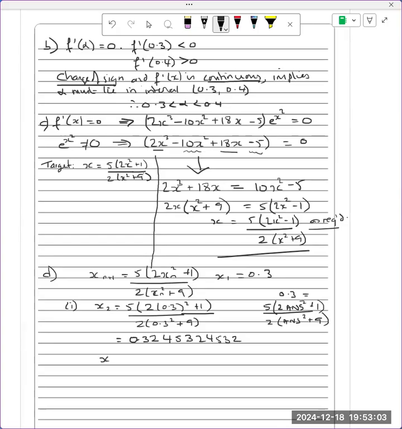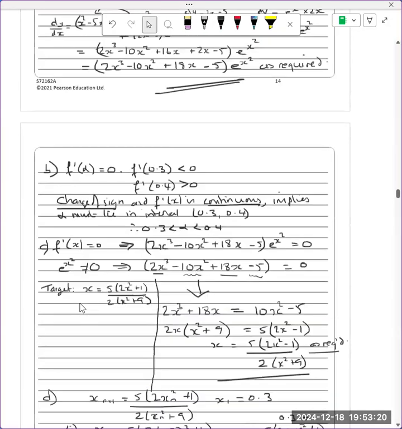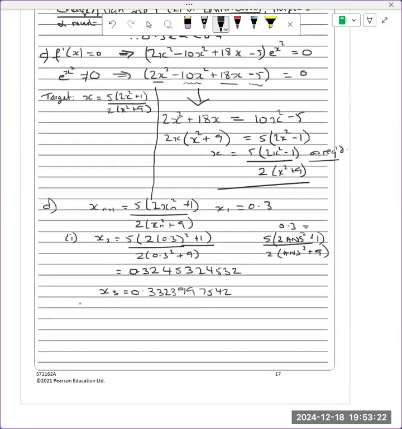And x3, if I just press equals again, is 0.33239975542. The question wanted 4 decimal places. So that's approximately 0.3324 to 4dp.